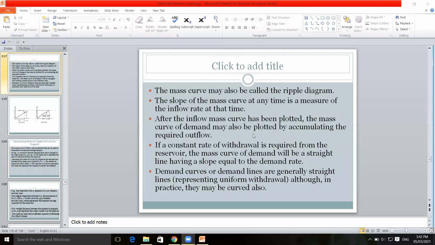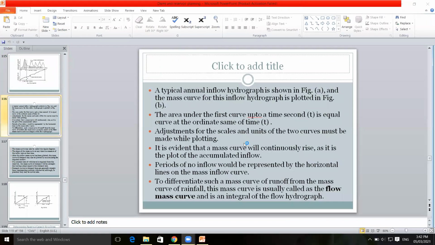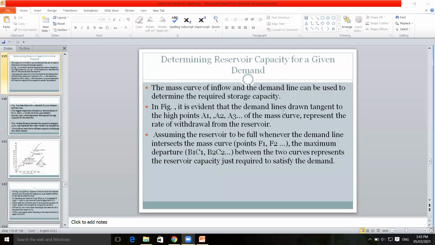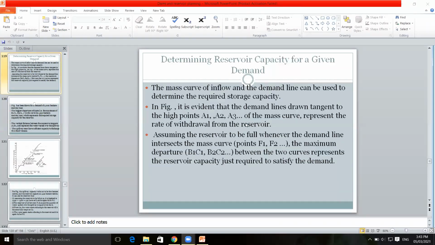We have already seen the mass inflow curve in the earlier lecture. It is parabolic. This is the mass inflow curve, a parabolic curve. The tangent is drawn at points A1, A2 and A3, up to the number of A's.